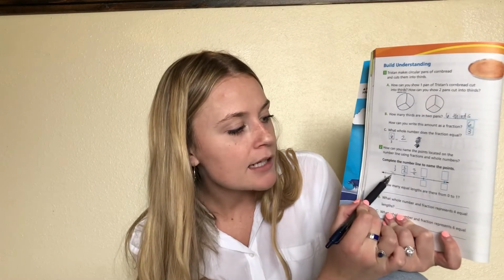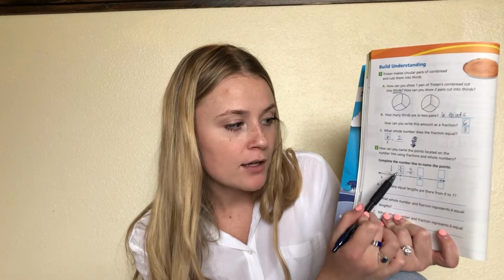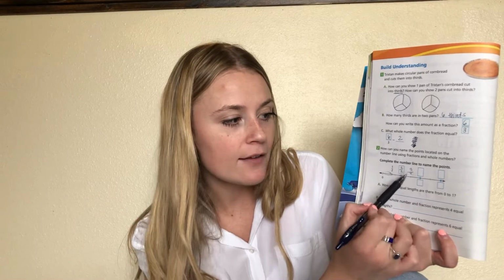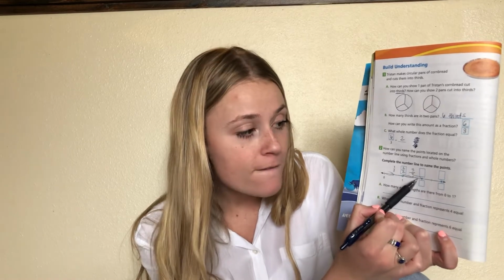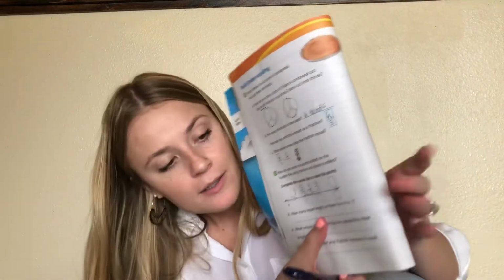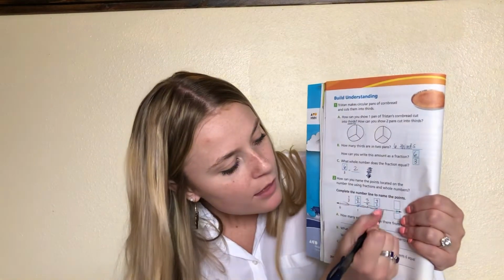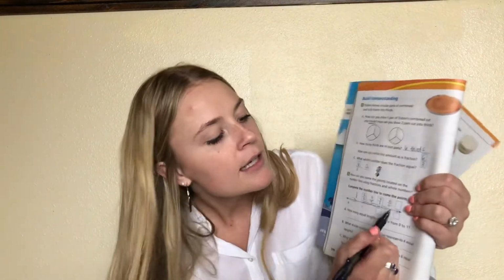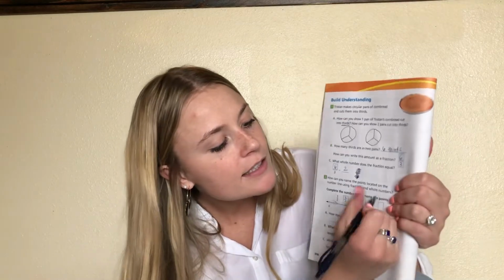Remember, I have one piece that's sized 1/2, 2 halves, 3 halves. This will be 4 halves. So 4 over 2. Okay. 5 over 2. We're being Superstar students and writing it even though it doesn't ask us to. And then this is 6 over 2.